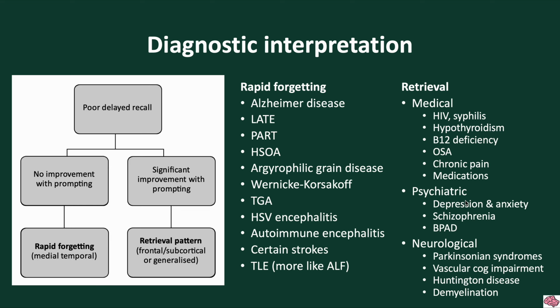Similarly, severe psychiatric disorders resulting in memory problems will also give us a retrieval pattern, as will primary neurological disorders that don't affect the primary memory structures, but rather affect other areas of the brain, such as, for example, the subcortical structures, like in Huntington disease or Parkinsonian syndromes, or more diffusely affecting the white matter, like chronic small vessel ischemic disease in vascular cognitive impairment, or demyelination in, say, MS or something like that.